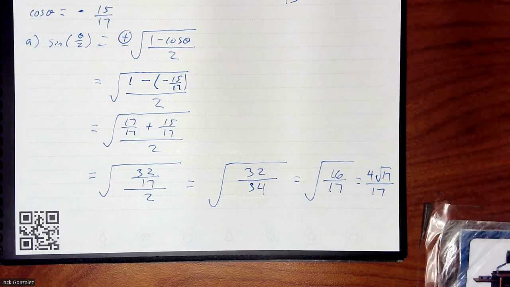If you're curious about the rationalization step, I don't have much space there. You're going to end up with 4 over root 17, right?